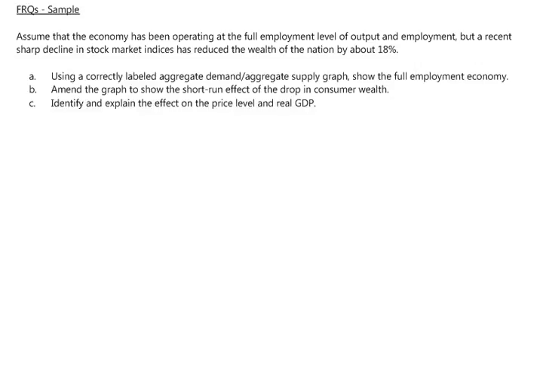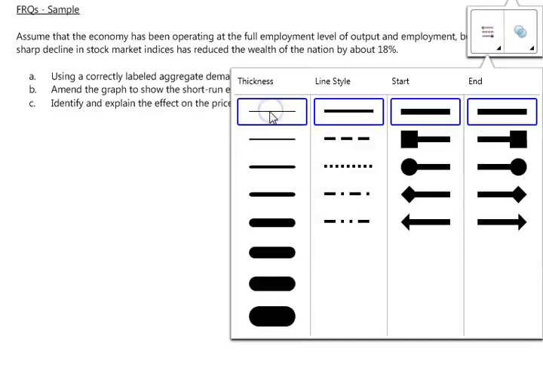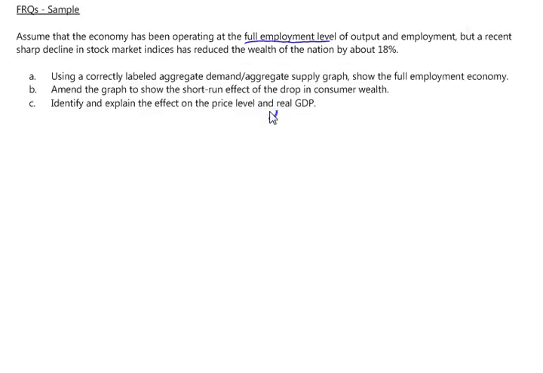So as we go through, let's figure out what it is the prompt is asking, how we might answer it to earn full points. The first thing that we want to notice, it says, assume the economy is operating at the full employment level of output and employment. That's one of the first keys that we want to look at.